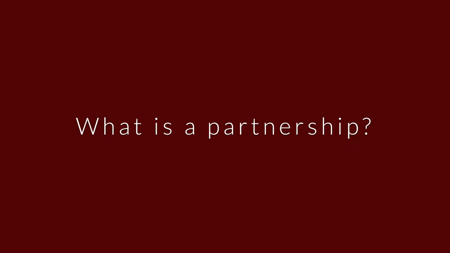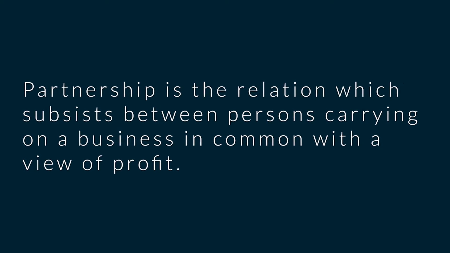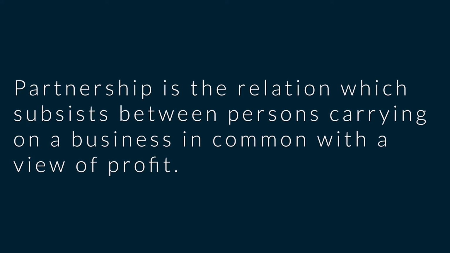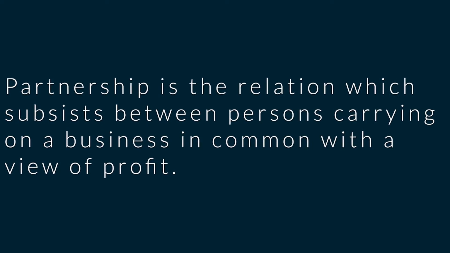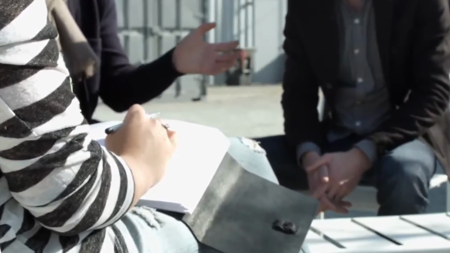So you can look at all that and then decide, what's the other alternative? Well, if you don't want to incur all the losses, then you can go with a partnership. What is a partnership? A partnership is the relation which subsists between persons carrying on a business in common with a view of profit. Now, you still need to remember that just like in a sole proprietor, the partners and the business are still the same.